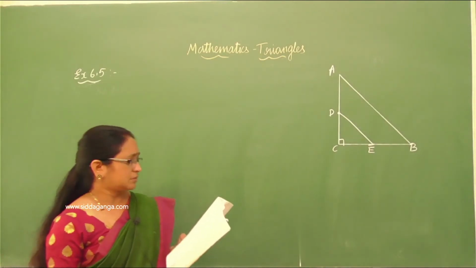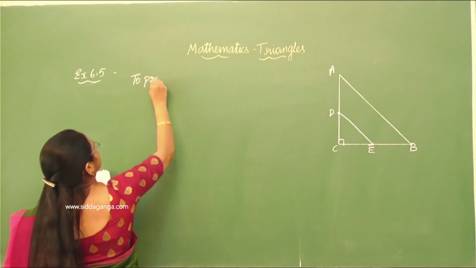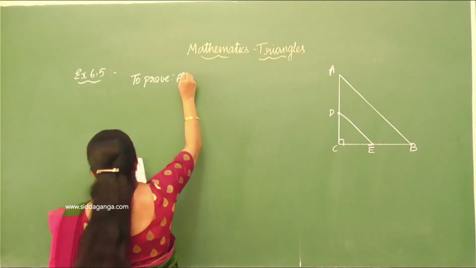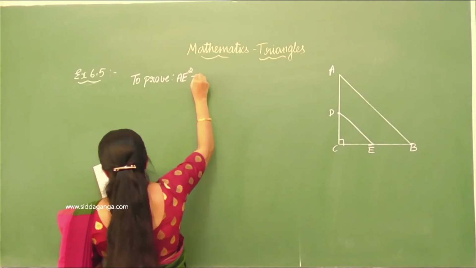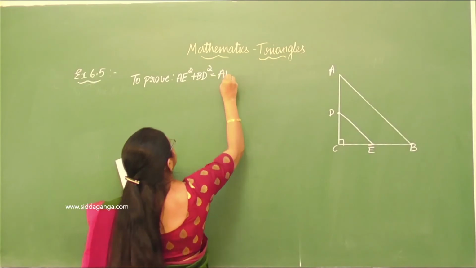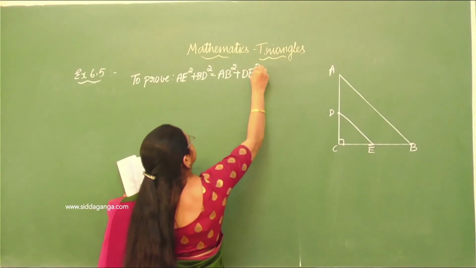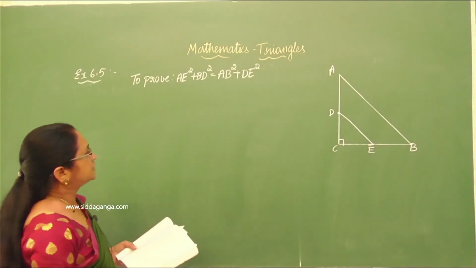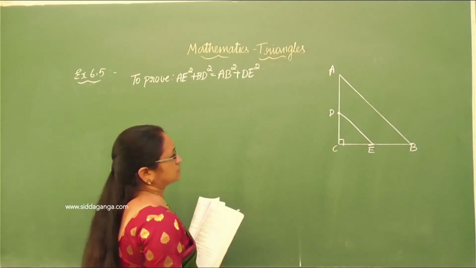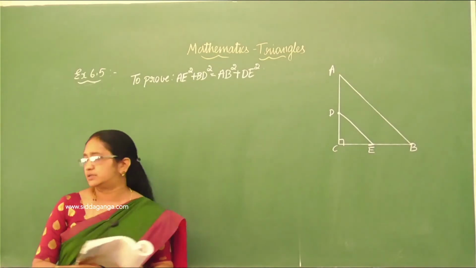Because in the question we have to prove, DE square is here, AB square is here, but AE square we don't have until we join that.